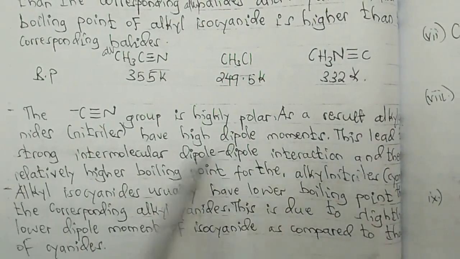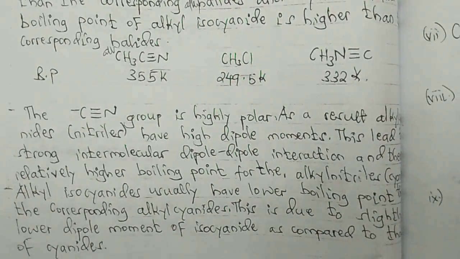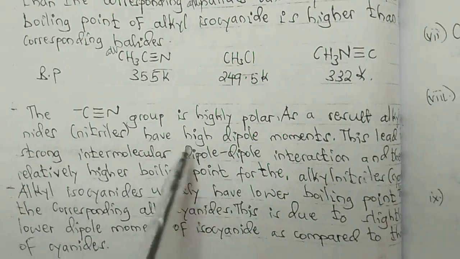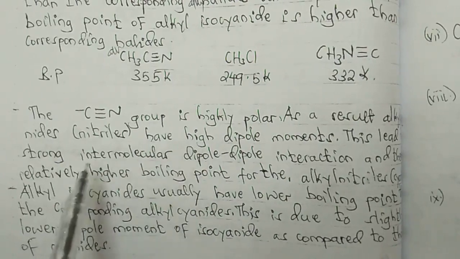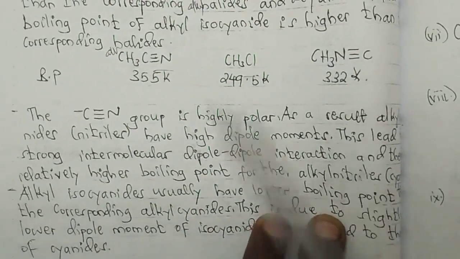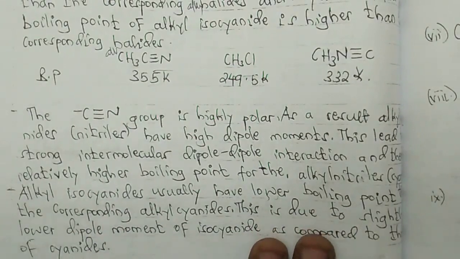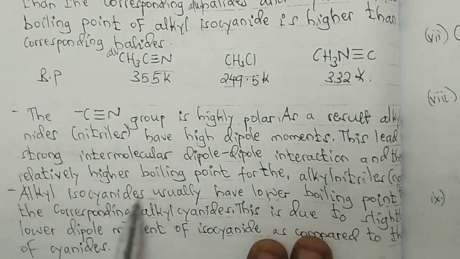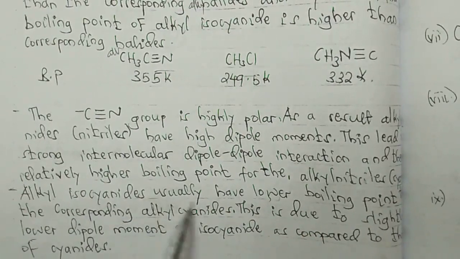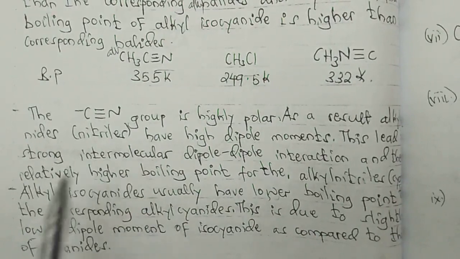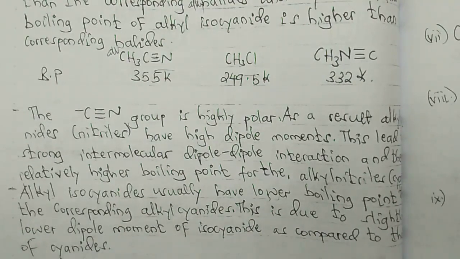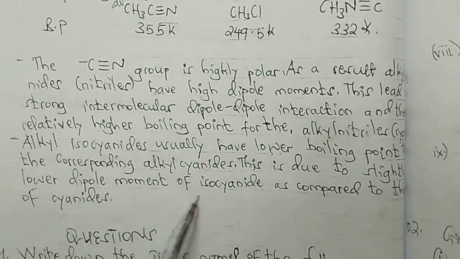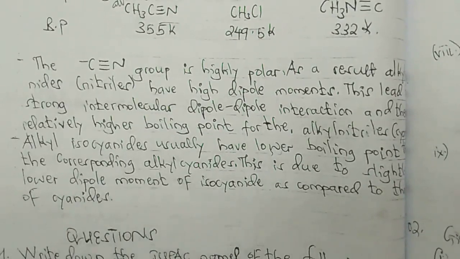As the result, alkyl cyanides or nitriles have high dipole moment. This leads to the strong intermolecular force or dipole interaction. Kwenye hizi hapo, dipole interaction, relatively higher boiling point for the alkyl nitrile. Alkyl isocyanide usually have lower boiling point than the corresponding alkyl cyanides. This is due to the slightly lower dipole moment of isocyanides compared to the cyanides.